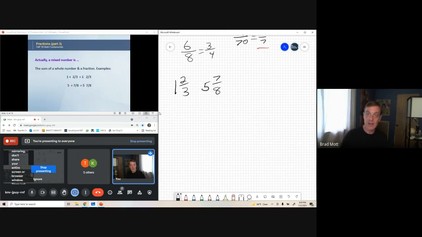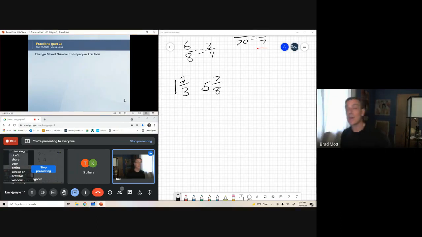Okay, now mixed numbers have some interesting qualities to them. The first being that you can change a mixed number to an improper fraction. So an improper fraction can be written as a mixed number, and a mixed number can be written as an improper fraction. To wit, let's change the number 1 2/3 to an improper fraction.